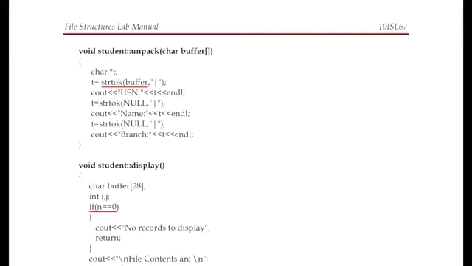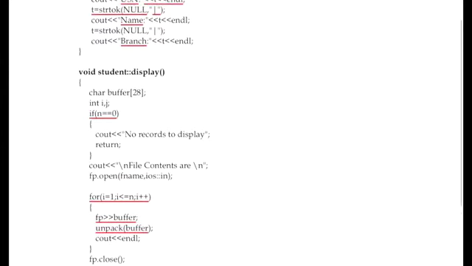Once it reaches the first delimiter, one field will be displayed, that is USN. The second field is indicated by the second delimiter, and then name and branch. So this is the unpack function to separate the different fields in a single record and display them onto the screen.